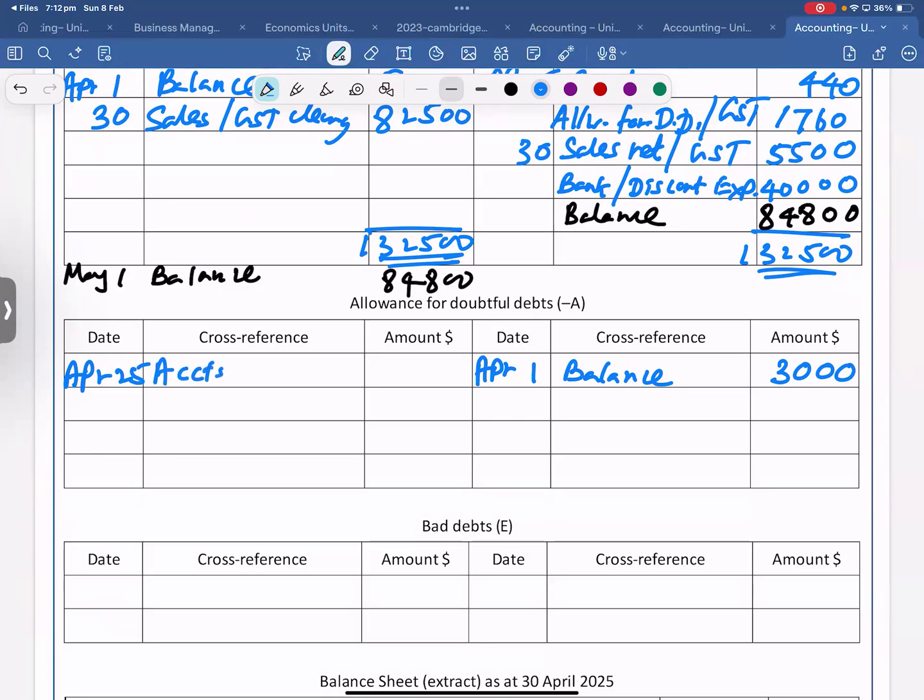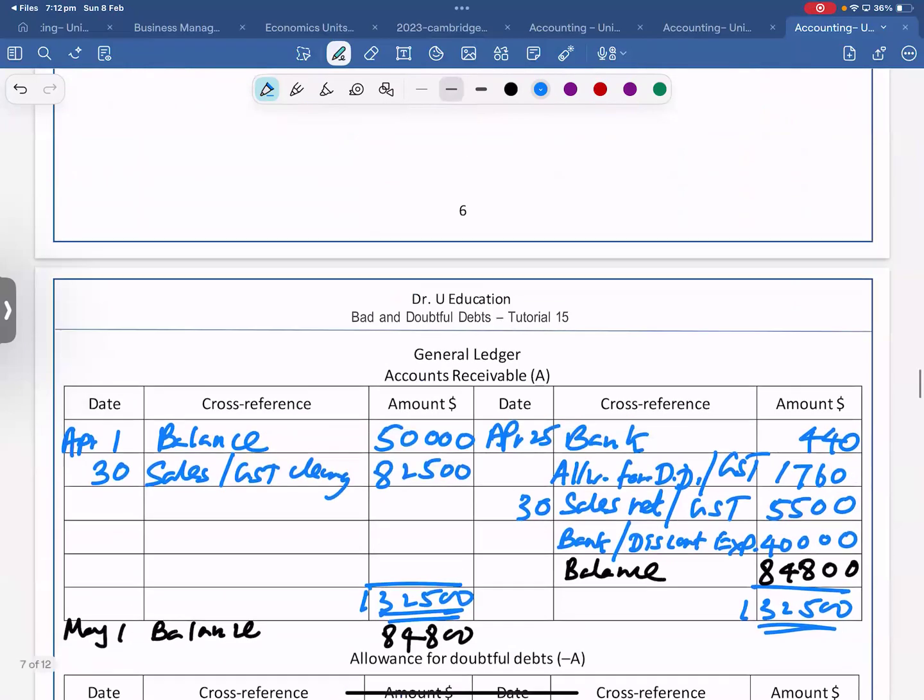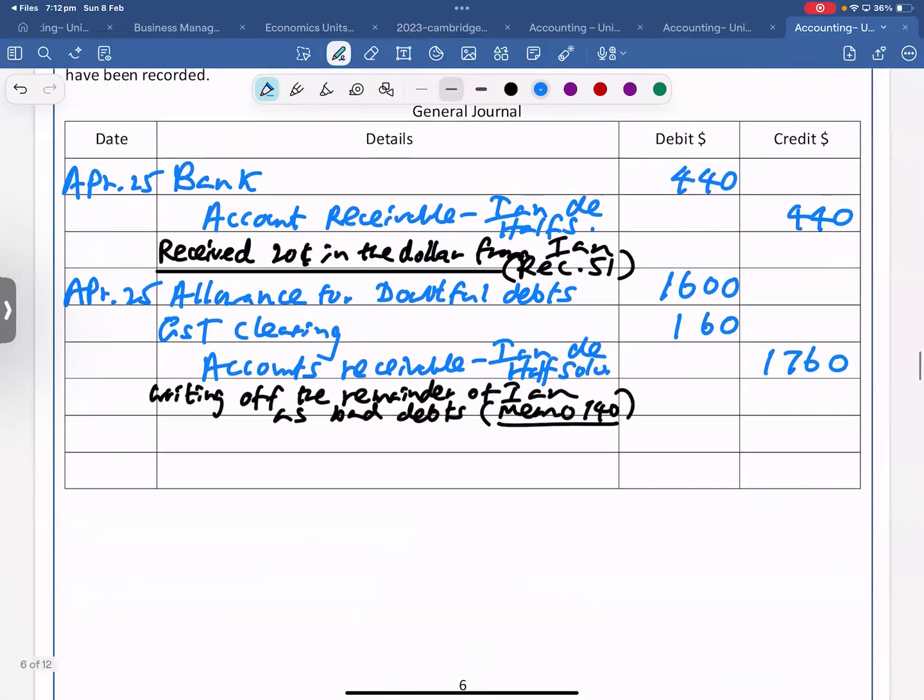Accounts receivable. How much was it? No, how much is it, guys? 1,600, not 1,760, okay? See, how much did we debit? Only 1,600, yep.